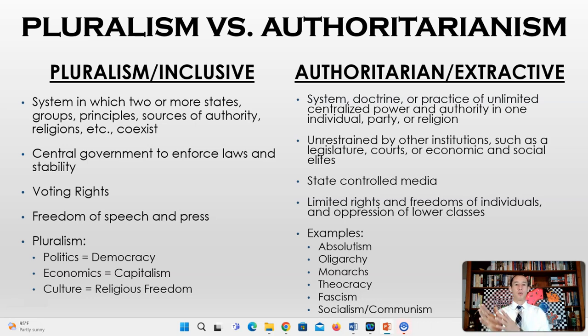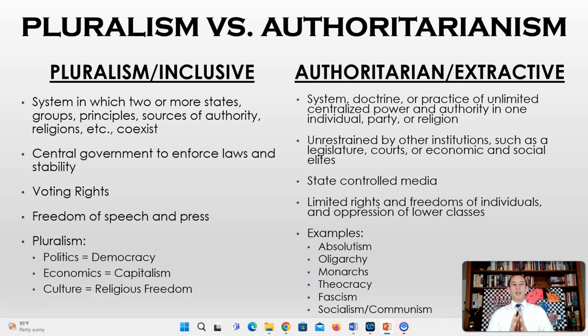That way they can get away with whatever they want without it being reported to the population. One of the key signs of a country that is losing its democratic status is the government takes over the media. And you lose freedom of speech, freedom of press.